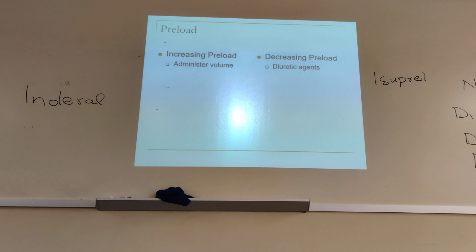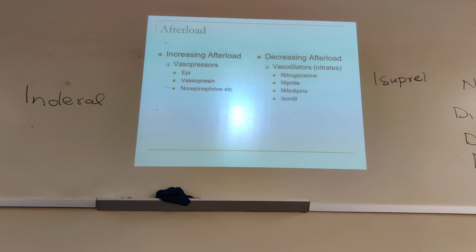Right? So we know what preload is. To increase preload, you give fluid. To decrease preload, you diurese. Okay? Let me back up here for a minute. Now, how would I know that my preload is low? Which hemodynamic pressure would I look at?